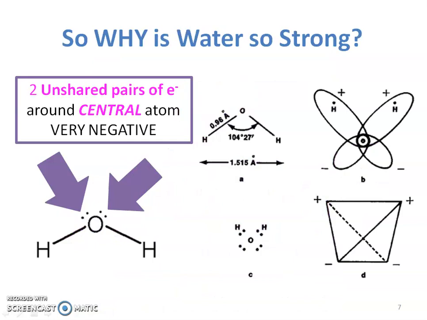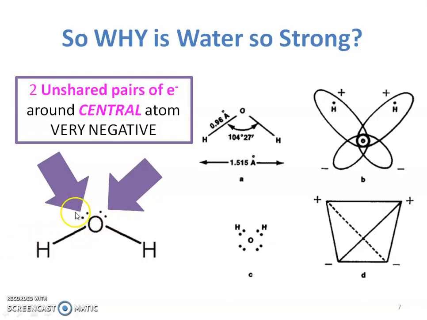So why is water so strong? These are different versions or different pictorials of water that chemists like to put together. But the major thing here is, if we look at how water is structured, it's always based off structure. Structure, again, is very important. We get lots of information from the molecule's structure more than anything else.